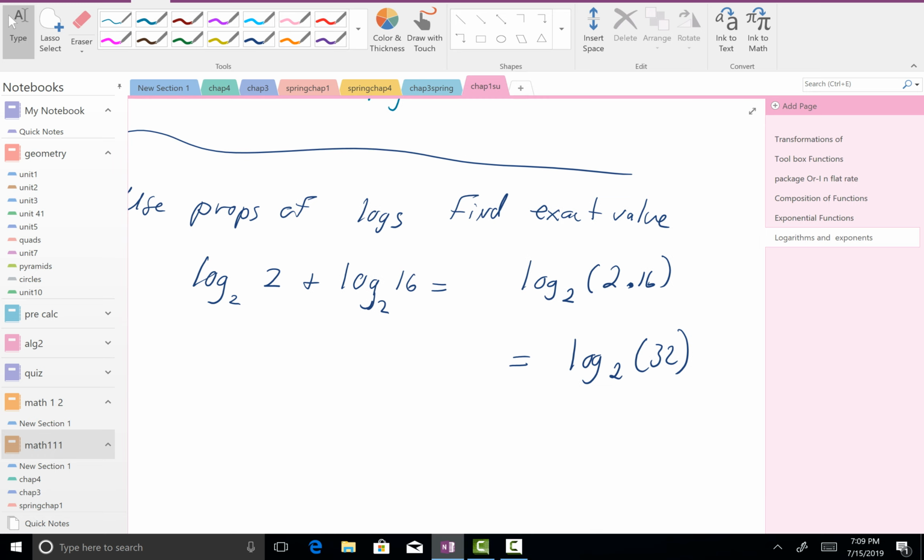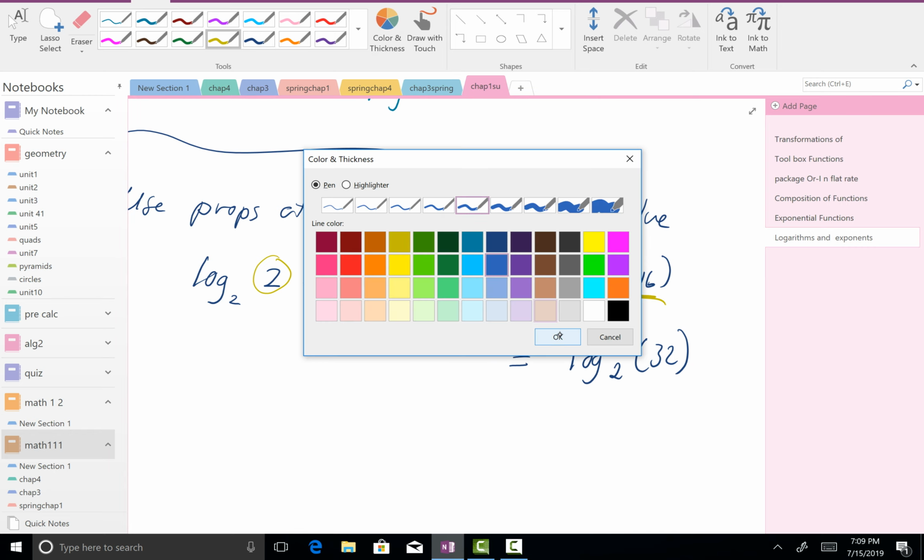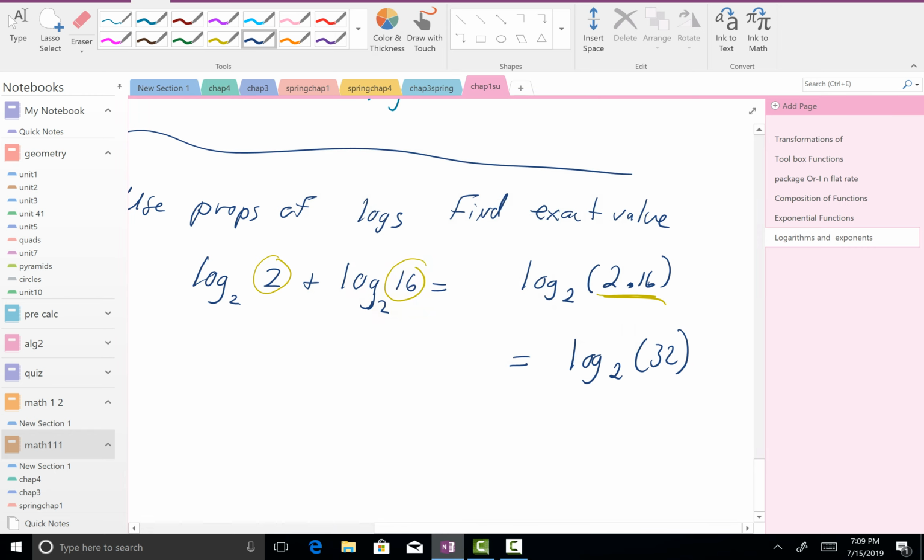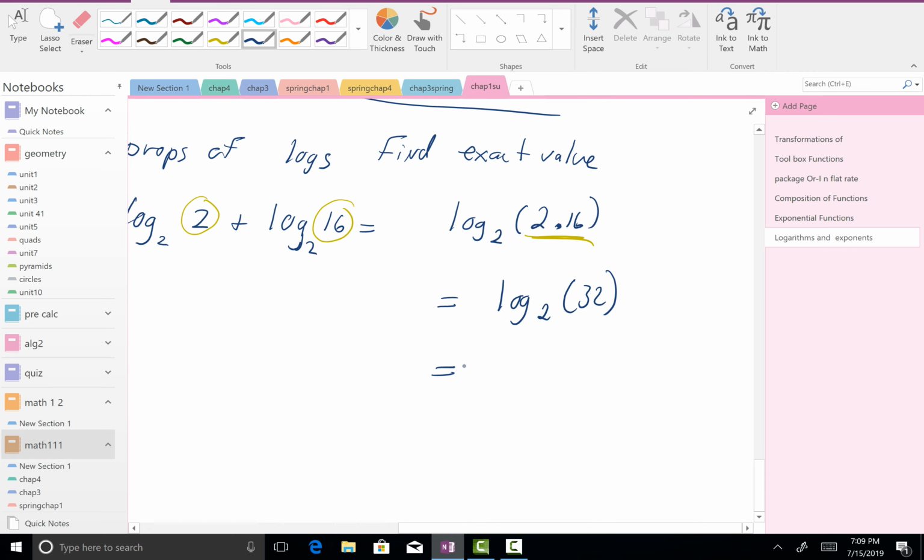So when we add, we multiply. So we're going to multiply these two things right here. Keep the base the same, nothing changes there. Okay, I'm going to put a little x there. So now I'm just going to go 2 to the x is equal to 32.